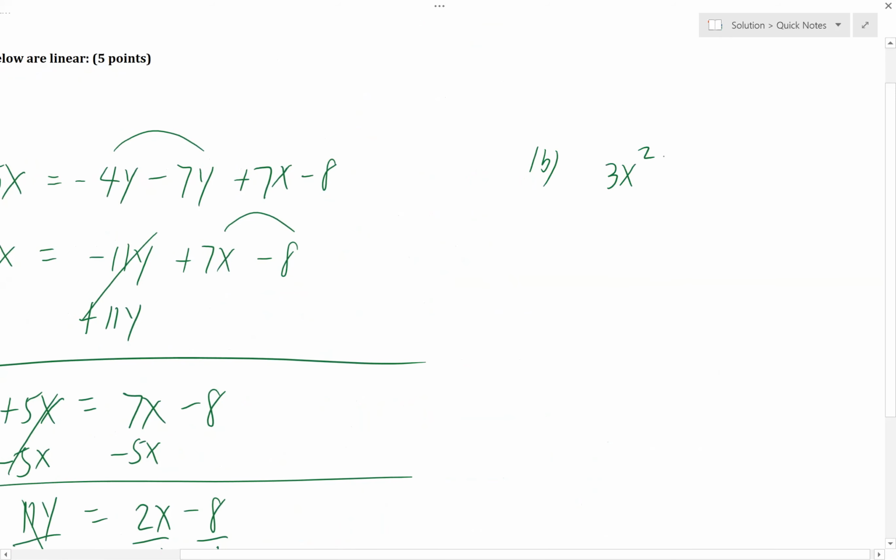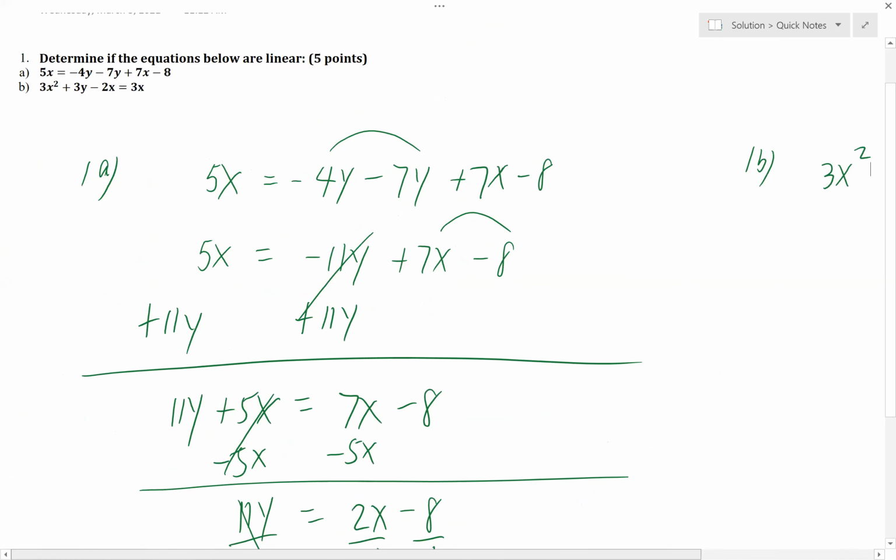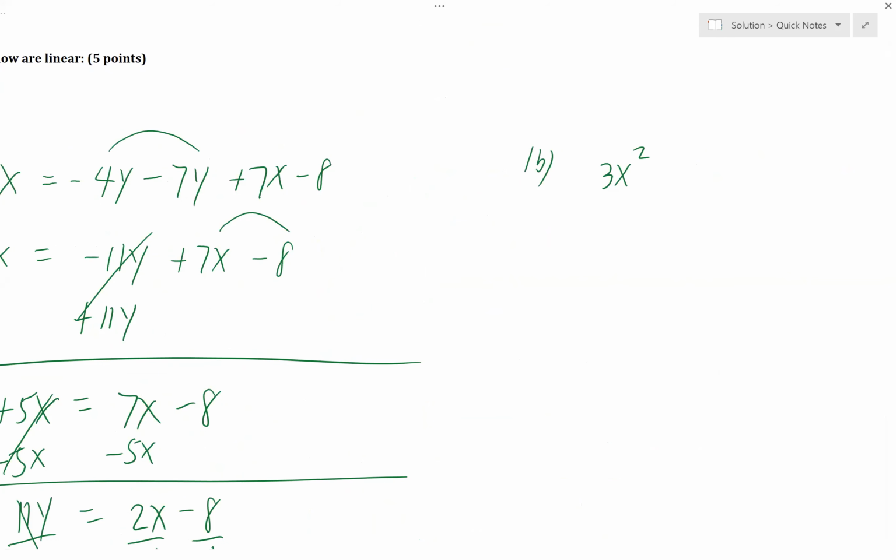Very similar, we will isolate the variable term with a y. That means we're going to keep 3y on the left. So we're subtracting 3x squared and adding 2x on both sides of the equation.